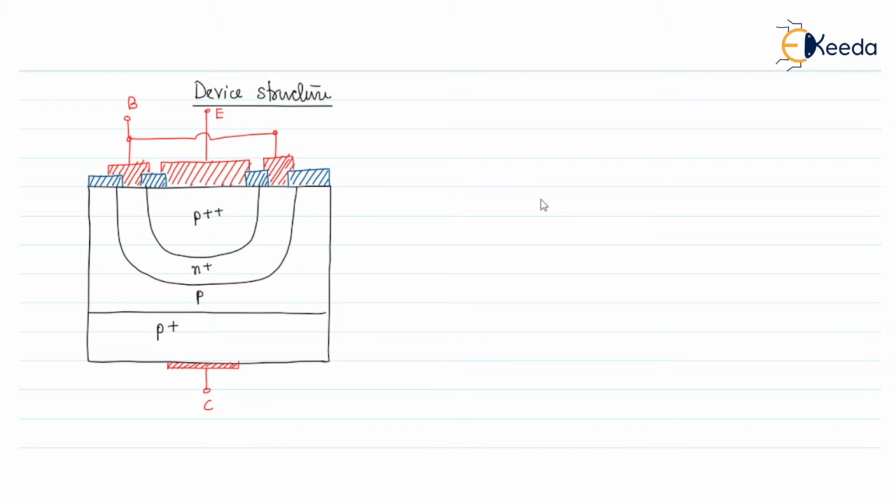So this is the original structure of a PNP transistor, where the P region, that is the emitter region, you can see is highly doped.